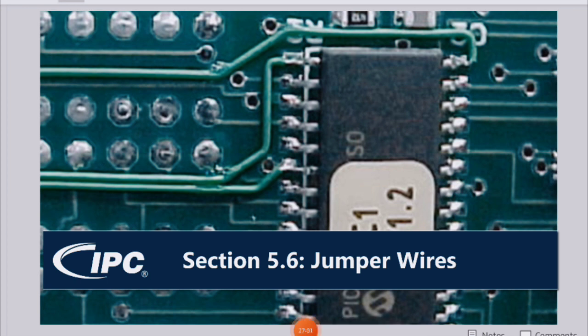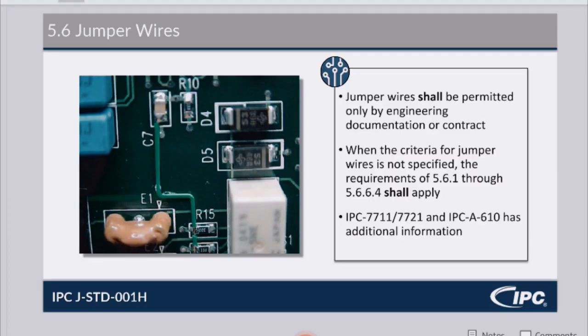Okay, so for section 5.6, this is also in your PDF. Since it came before section 6, it's a couple pages up, like halfway through the PDF. So 5.6, jumper wires. Jumper wires shall be permitted only by engineering documentation or other contractual action.